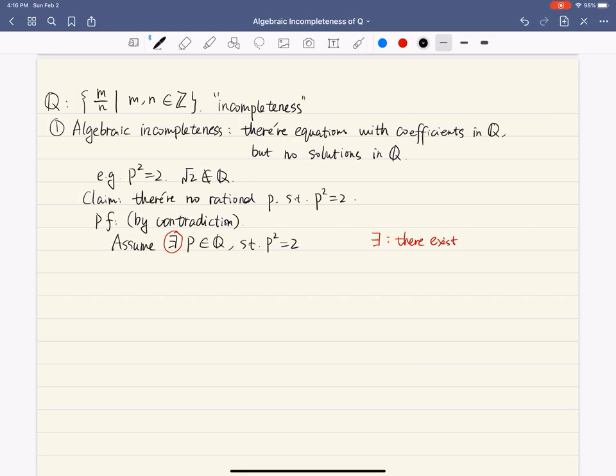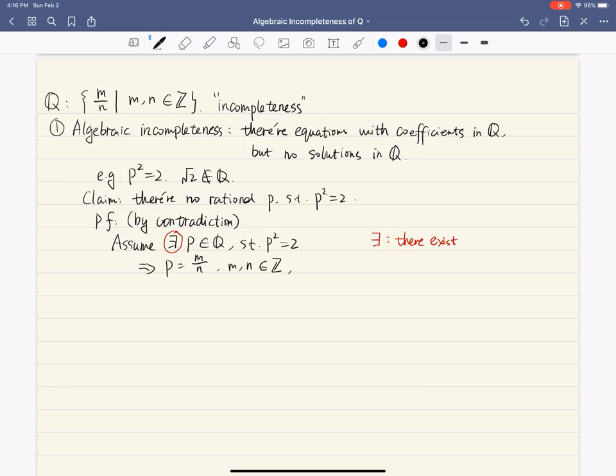Well, remember, the only information we have about rational numbers is that they can be written as a fraction of two integers. So we can write p as m over n, where m and n are both integers.